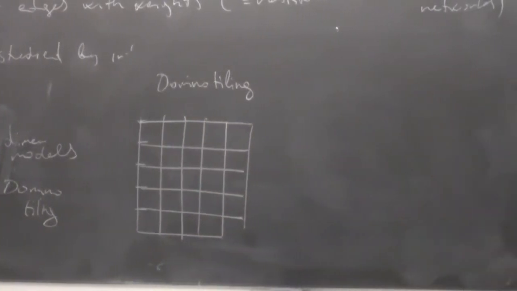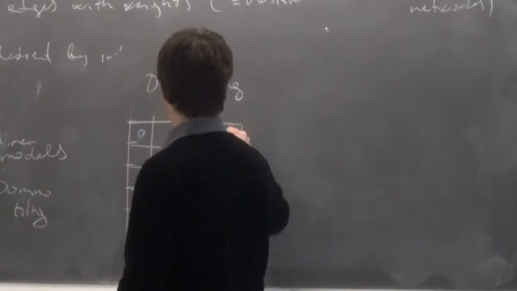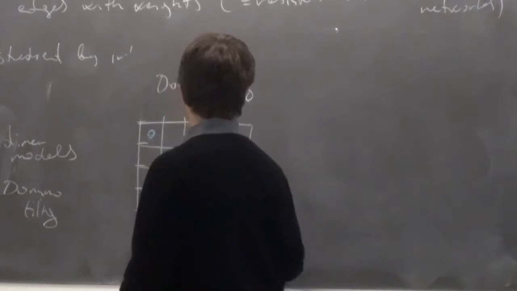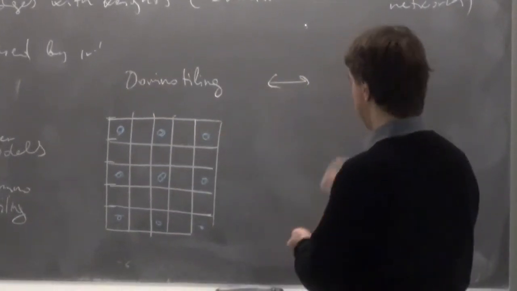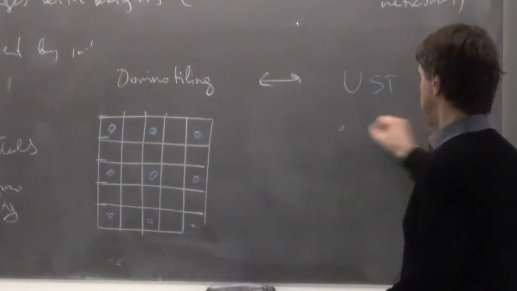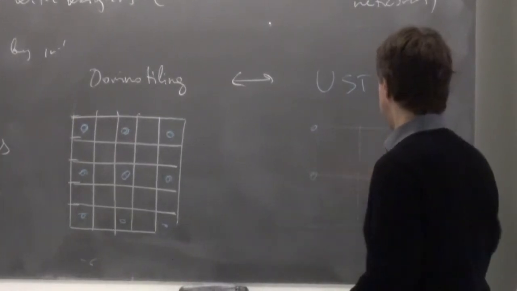And the related graph where you take the UST is this graph. So domino tiling of the white graph is the UST on this blue graph.